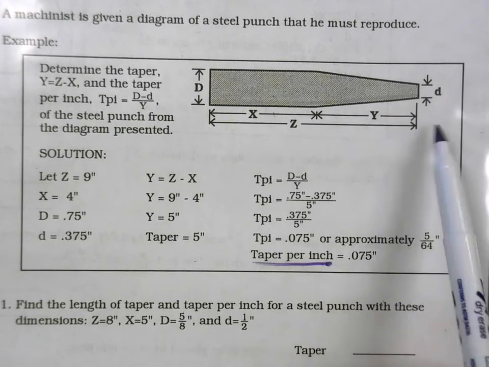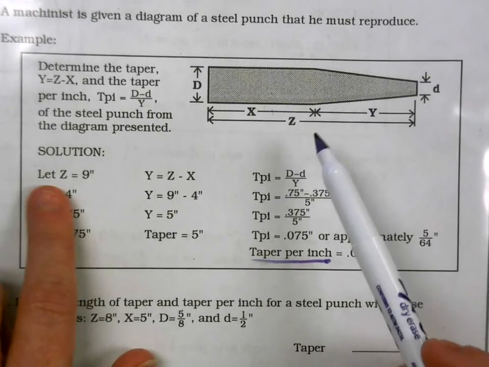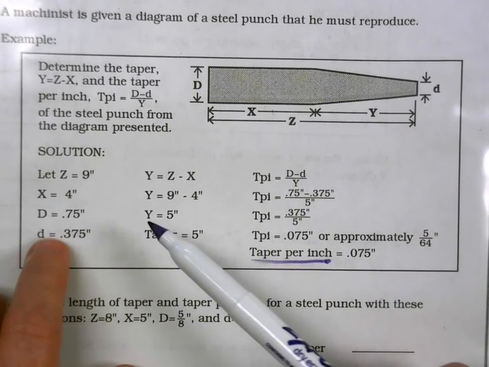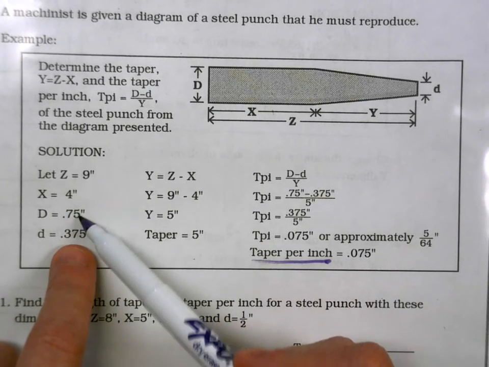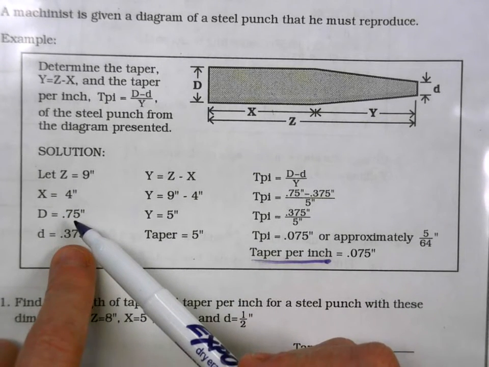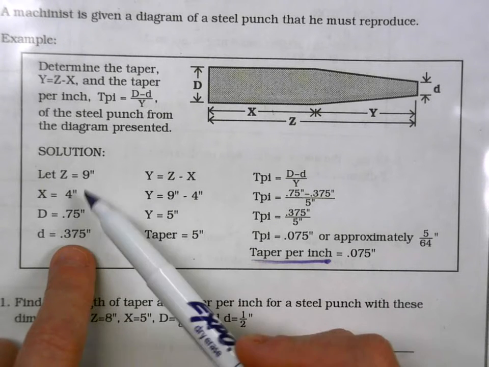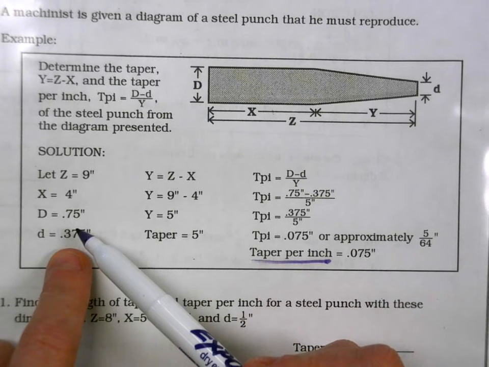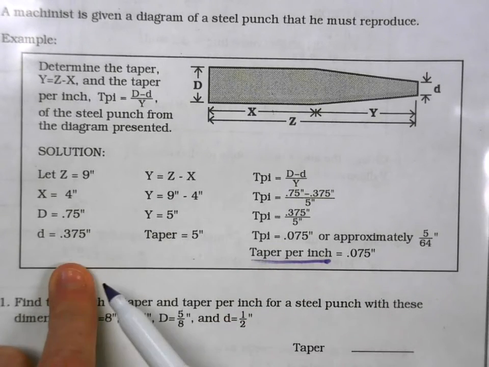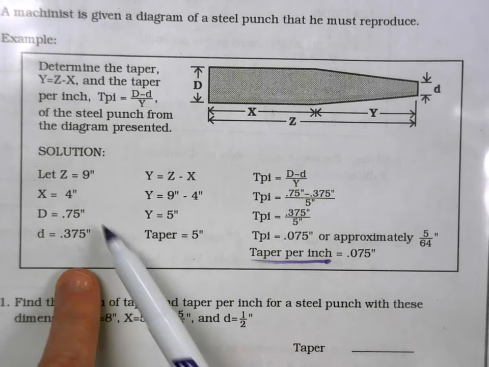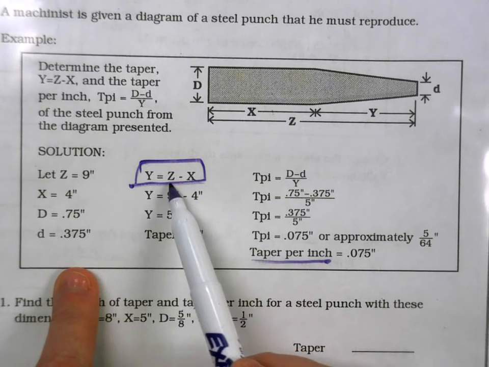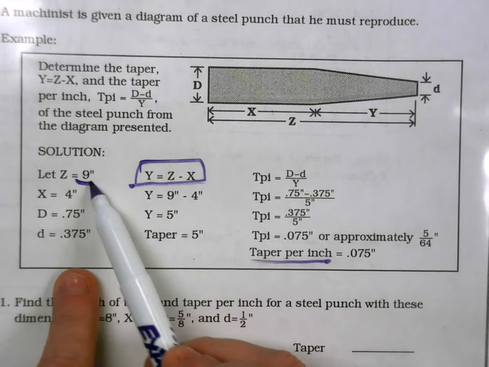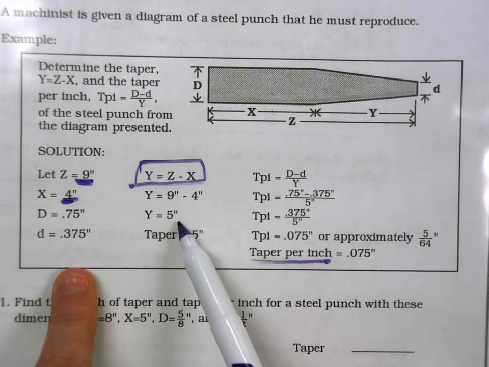Again, use the diagram to help you visualize what it's asking you to do. It tells you all of the pieces that you're going to need for your equation. You need to know what y is, so you're going to take z minus x. It gives you z minus x is 5.